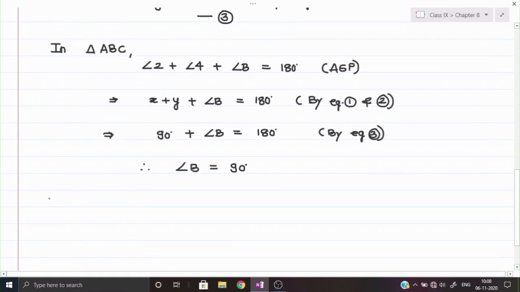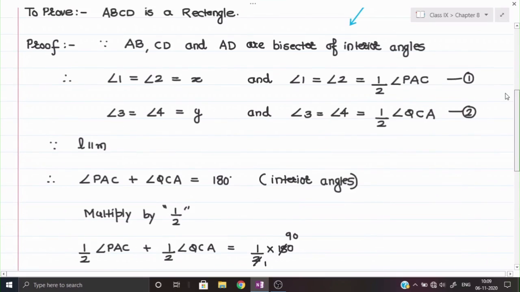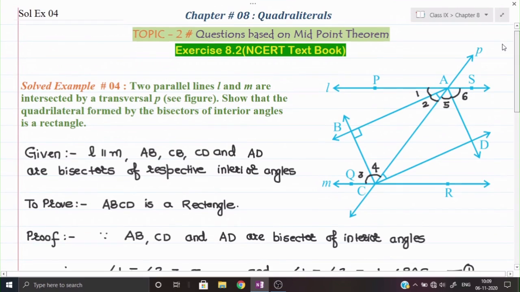Now further we shall write down similarly angle D can be also shown as 90 degree. Observe, angle B is coming on the left side, so angle D is coming onto the right side. So in the similar way, if I take, I can show similarly angle D is also 90 degree.